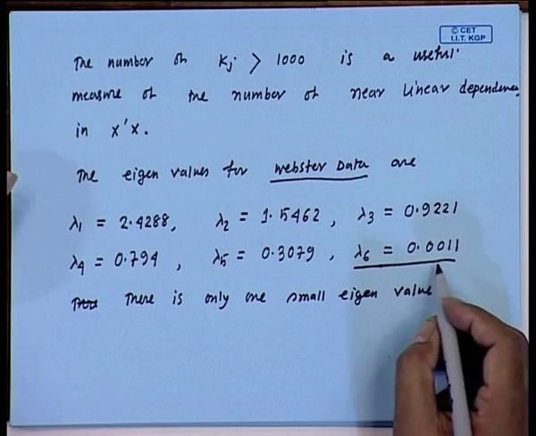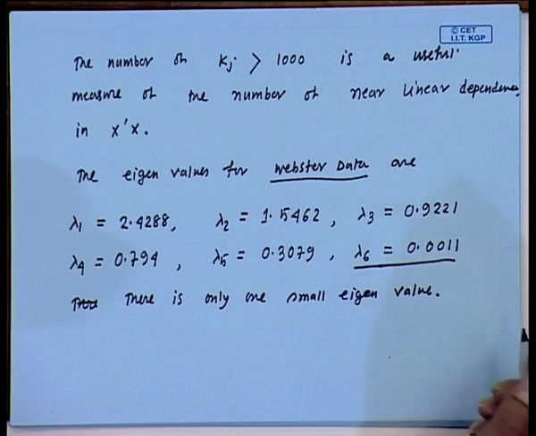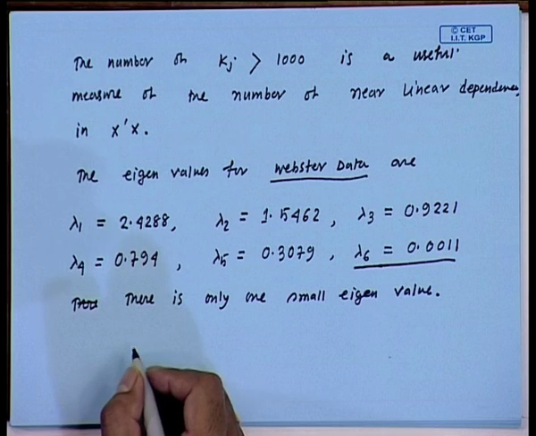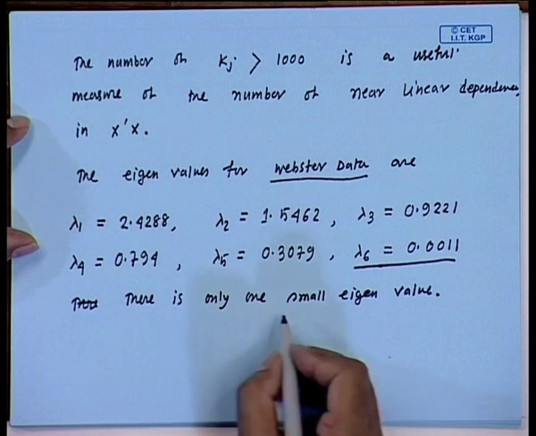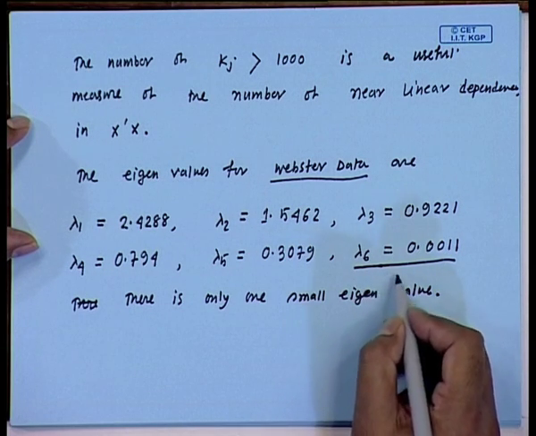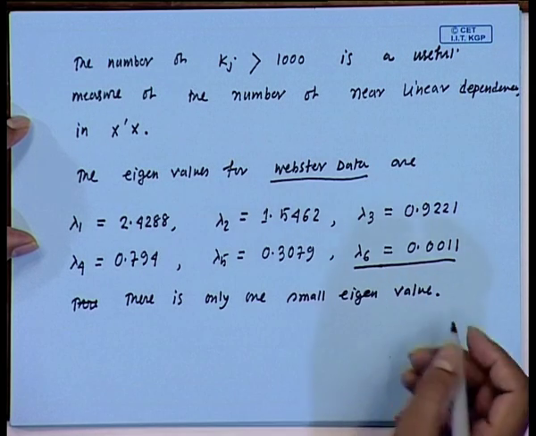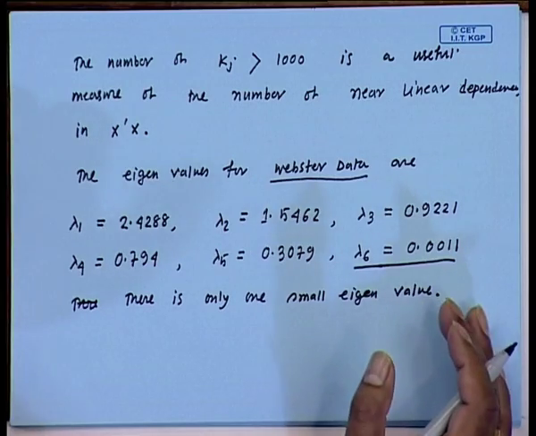Small eigenvalues, meaning very close to 0, indicate linear dependence in the data. So, since there is only one small eigenvalue, we can say that there might be only one linear dependency in the data, but of course, we have to check with the condition indices also.